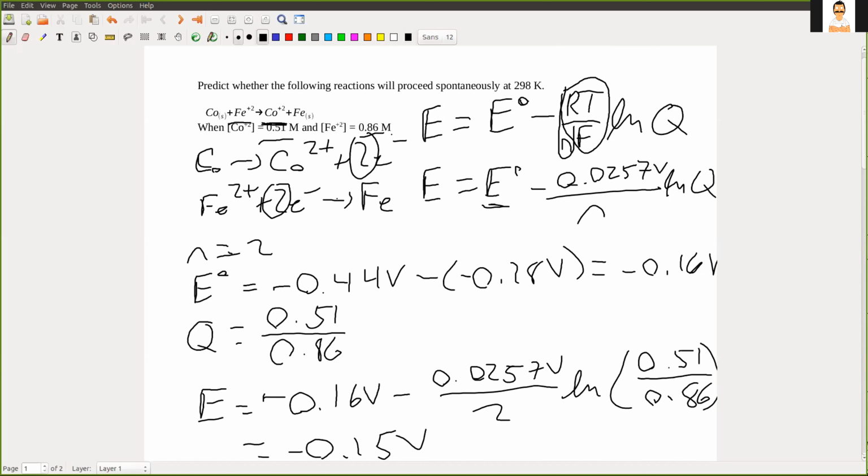That would occur primarily if the concentration of iron 2+ was much, much greater than the concentration of cobalt 2+. If this denominator gets very large while this gets very small, you would have a much more spontaneous reaction, because this whole term would turn positive and become larger, and eventually it would overtake the 0.16 volts of the standard state cell potential.